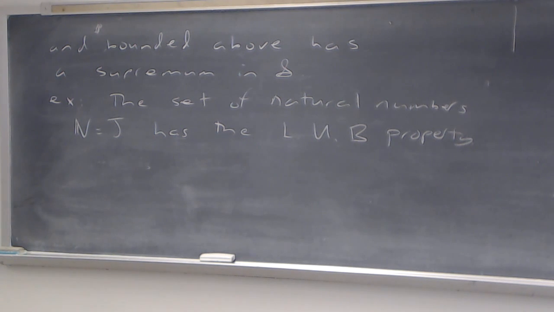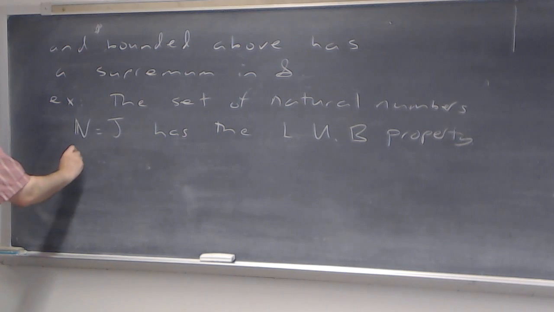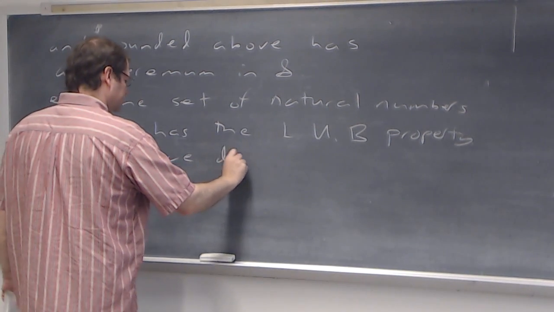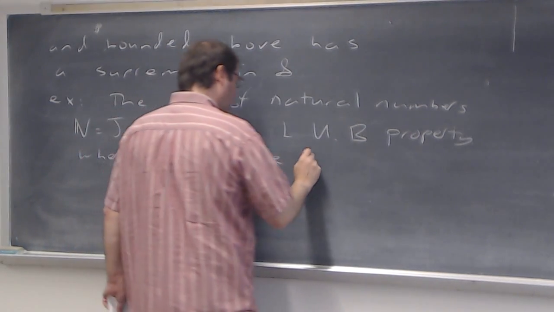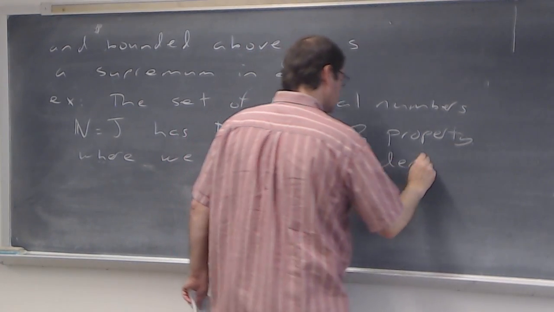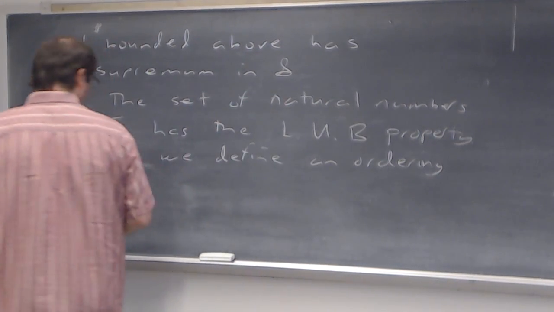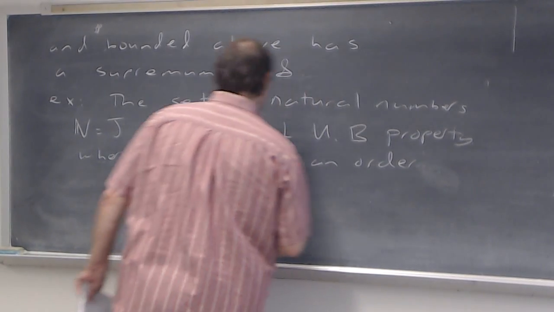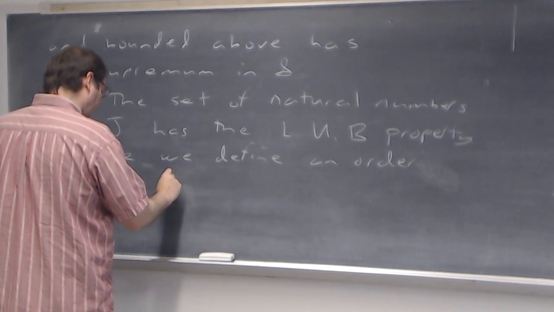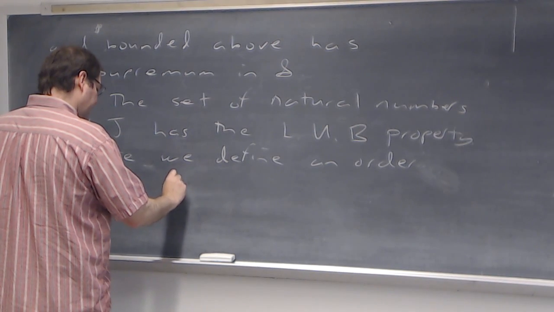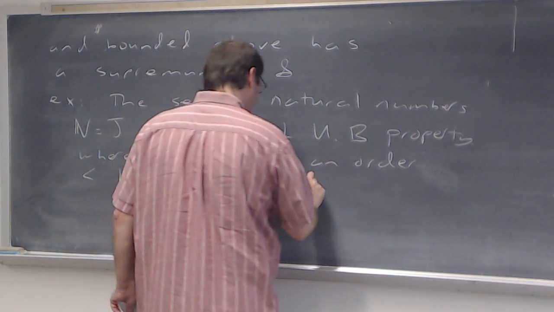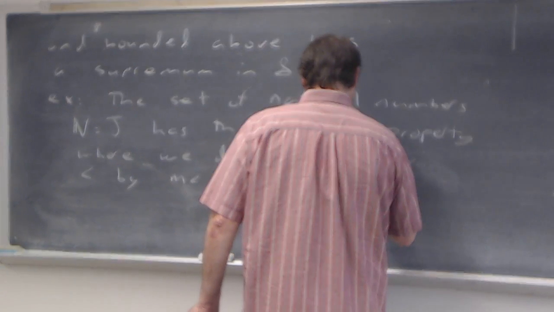And that's where we define the ordering, an order less than by: m is less than n if n minus m is an element of the natural numbers.